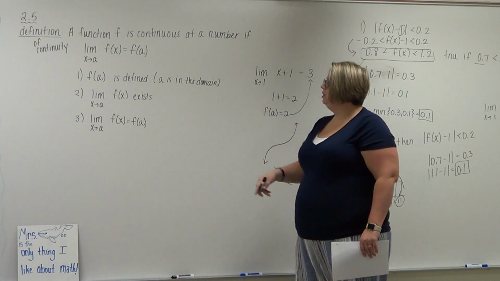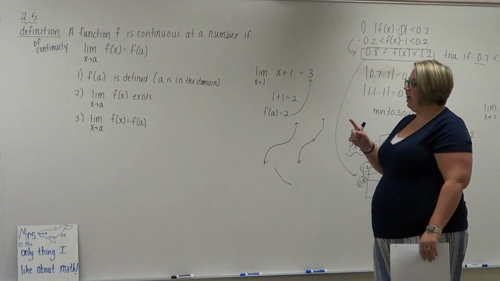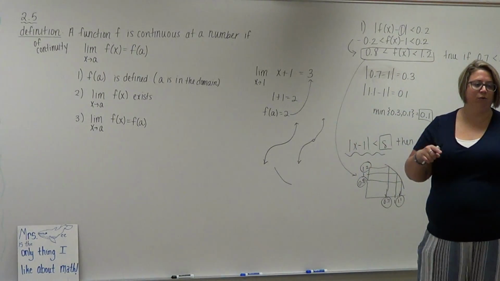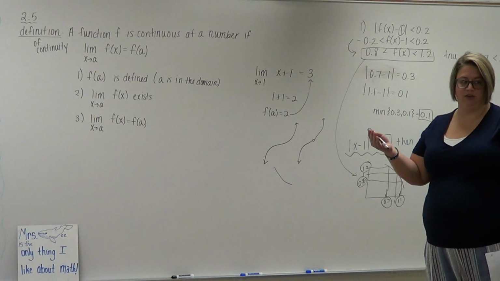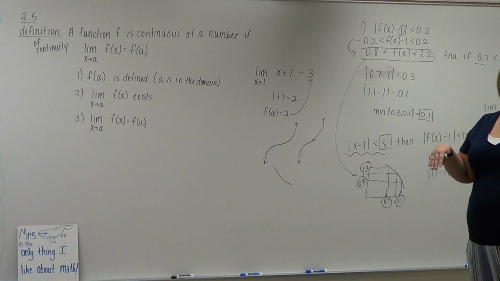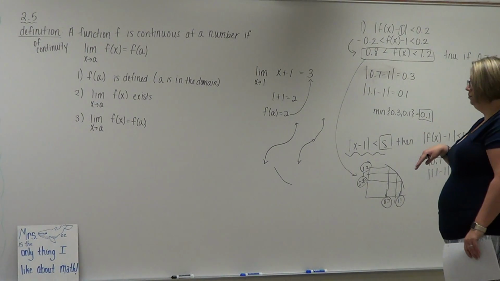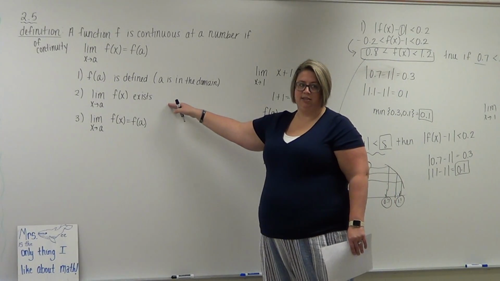Okay? So these are your 3 rules in order for that to be true. f of a has to be defined. That means when you put in the a value, you actually have to get an answer. You can't get doesn't exist or no solution. Like you can't divide by 0. The limit also has to exist.